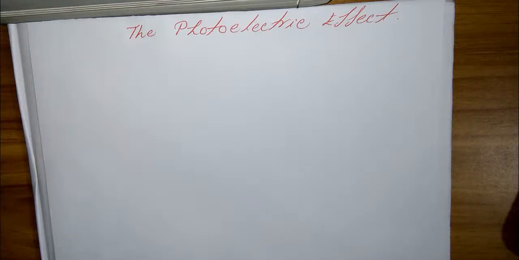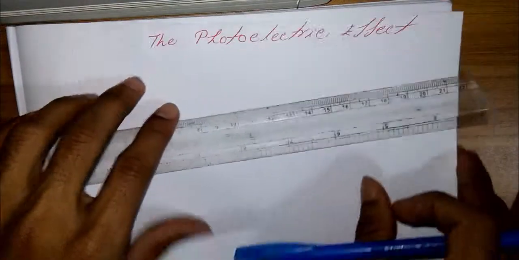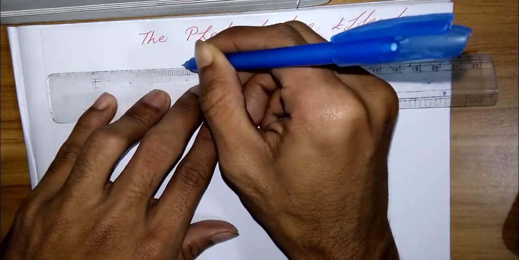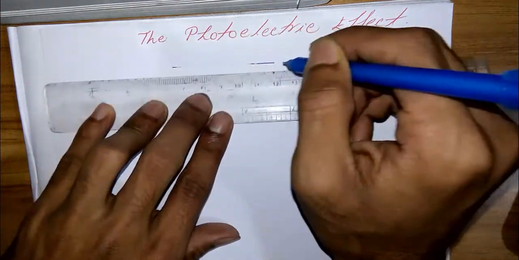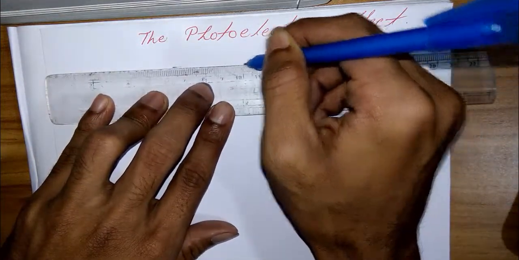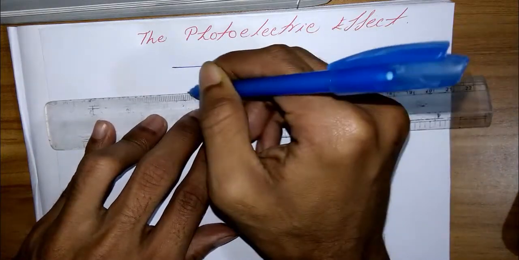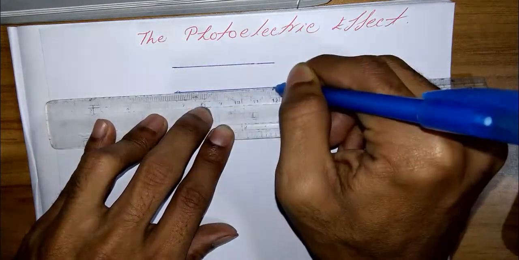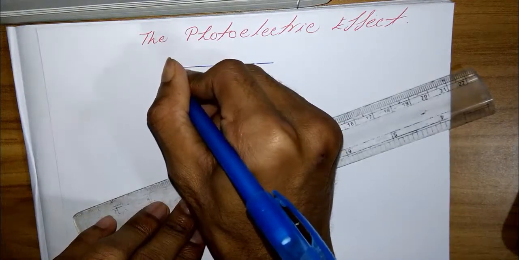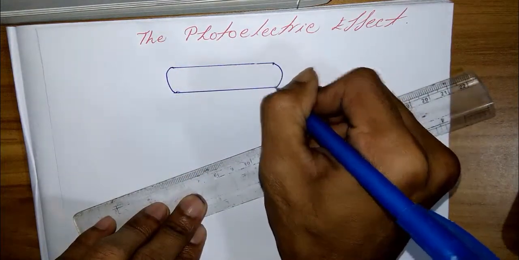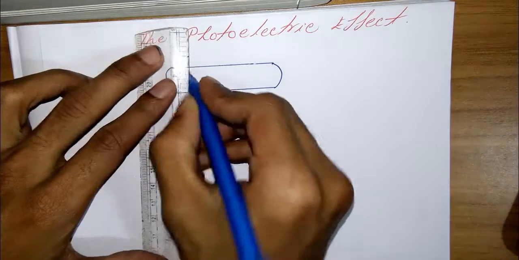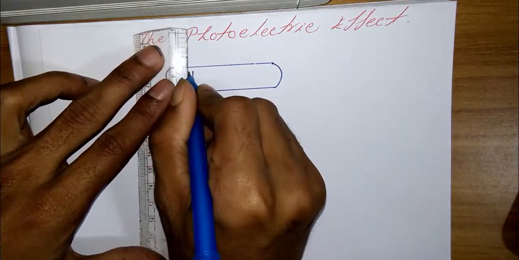So if I draw this figure, it would be like this. Here is the quartz tube, where there is an anode and a cathode.